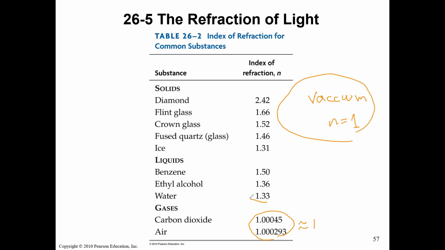If you have water, light is slowed down by 1.33 times, and for glass, it's about 1.5. This is a nice value to keep in mind. In glass, the speed of light is just c divided by 1.5. Now you have diamond, you can slow down the light even more. Light in the diamond travels at the speed of c divided by 2.4, something like that.